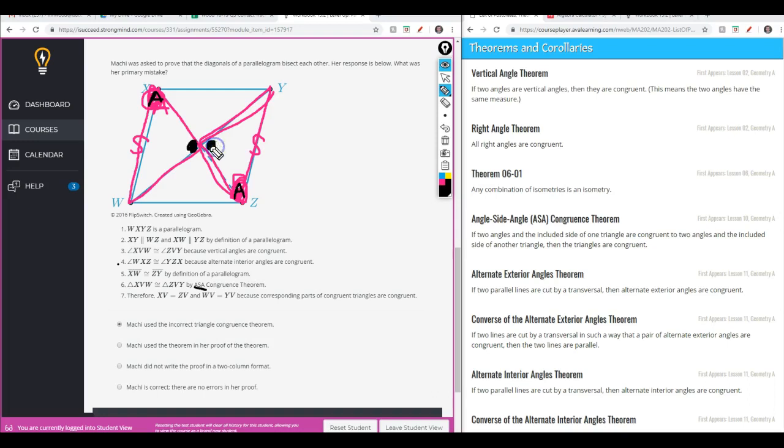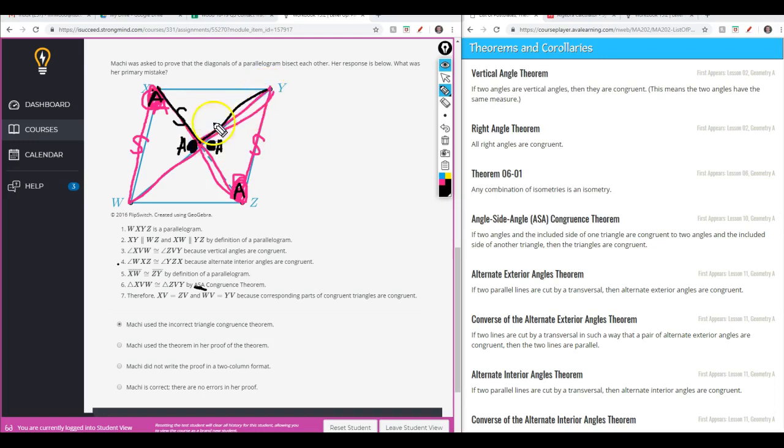So then we have another set of corresponding angles that are congruent. So, is it the angle side angle theorem? No, it's because the angle is right here. This would be the side if we wanted to use the angle side angle, because it has to be between these two angles. So that is incorrect.